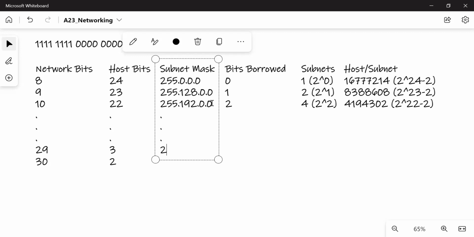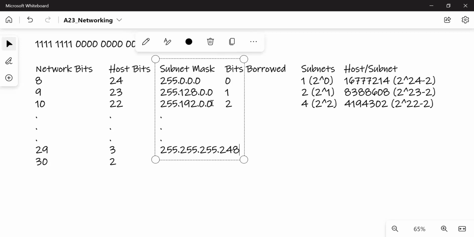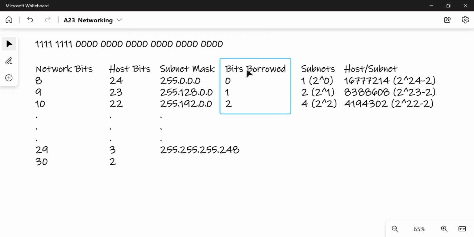So we have 255.255.255, then all ones except the last 3 bits. So it should be 248, isn't it? Yes.